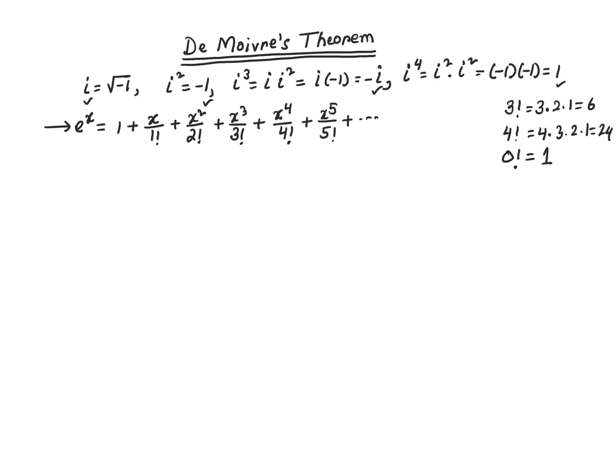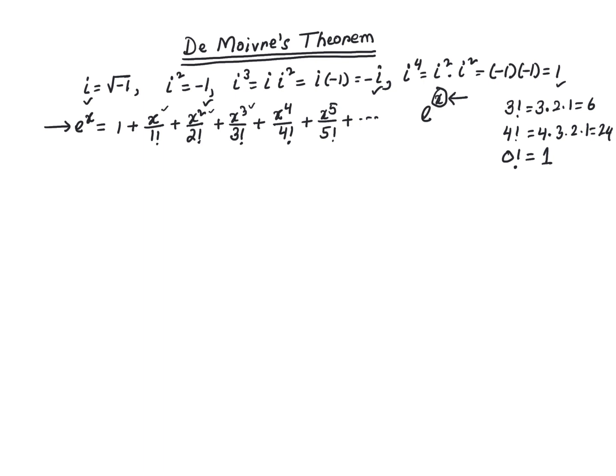What it says in ordinary language is that e raised to the power of some value, whatever value it is, is equal to 1 plus that value over 1 factorial, that value squared over 2 factorial, that value cubed over 3 factorial, and so on. There is no restriction technically on what x can be. x is a number, that's as much as we know. It could be a real number, a complex number, whatever.